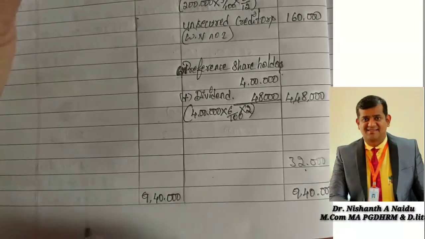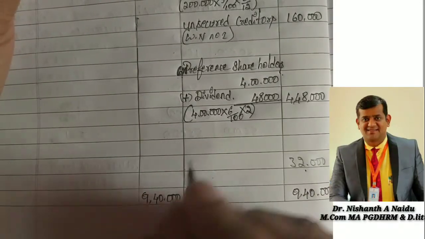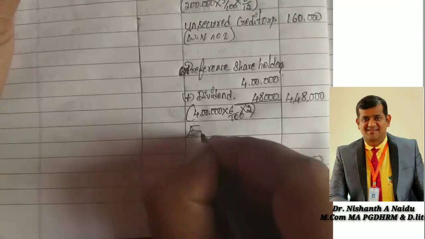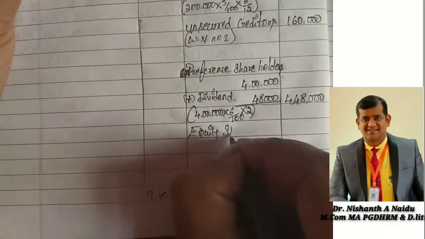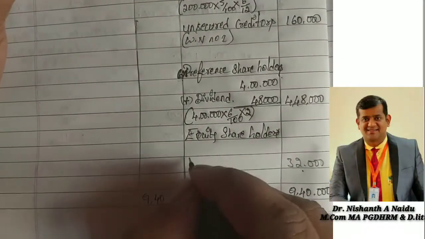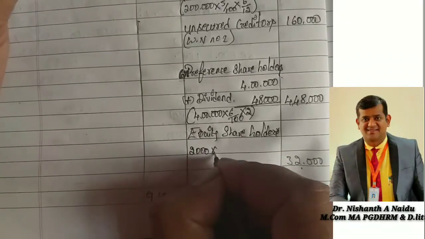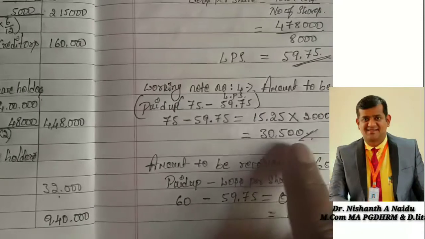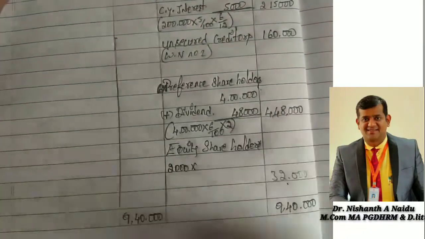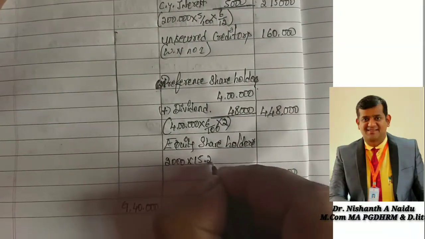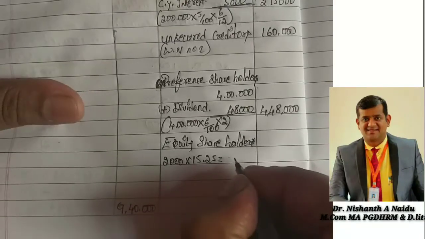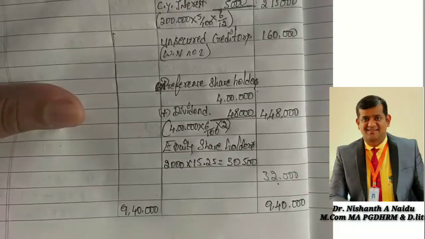Next is equity shareholders. For 2,000 shareholders we are paying on the basis of this working note, 15.25. So 2,000 into 15.25 is 30,500.